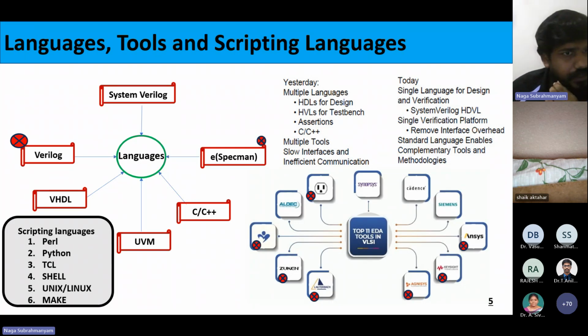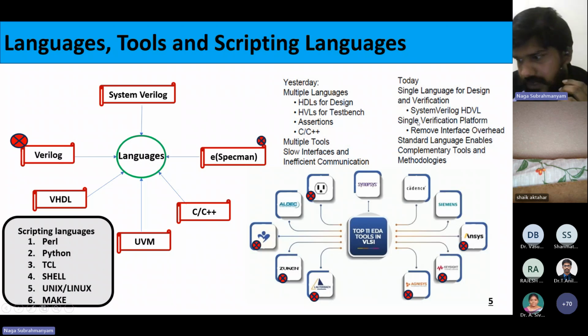That's why people are not preferring Verilog for verification nowadays. We are completely depending on the language called SystemVerilog. If you see here, these are the things from yesterday, means history. This is the current trend. We are going with SystemVerilog only.